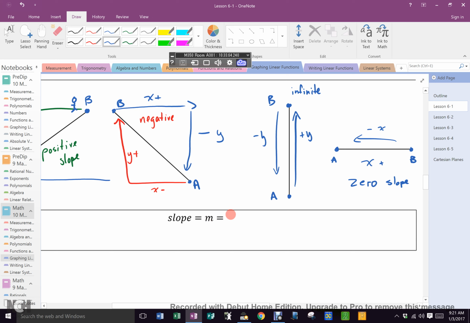But it also equals the change in y divided by the change in x, which when you take physics class will be written this way: delta y over delta x, and it will also be written as rise over run.